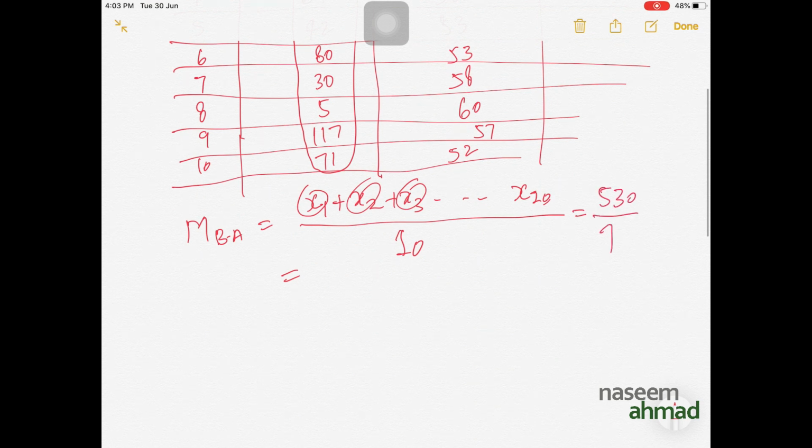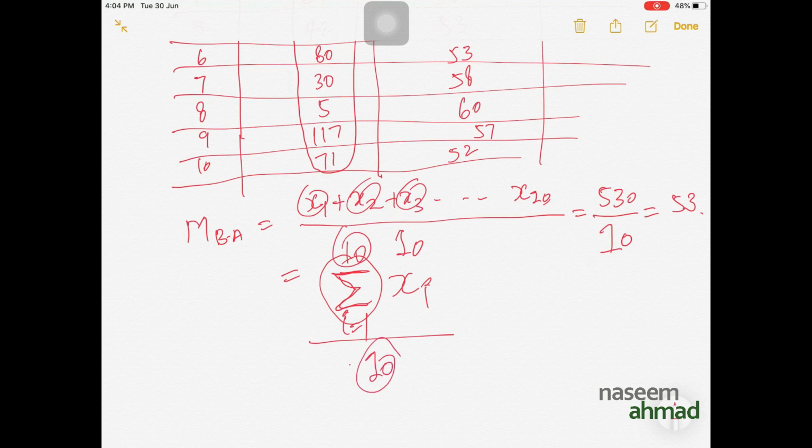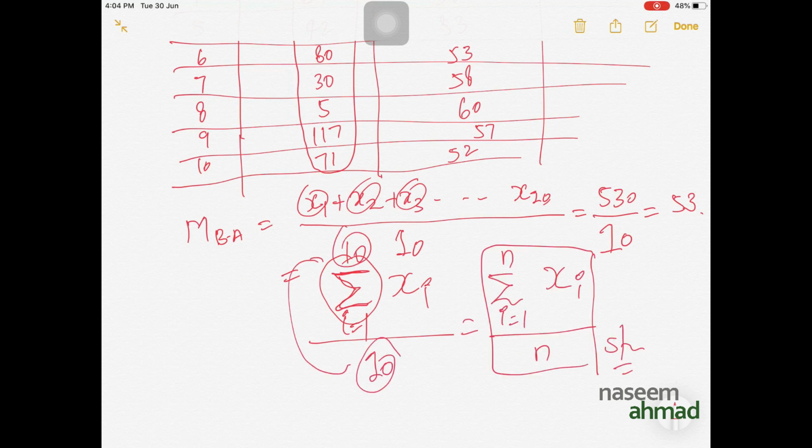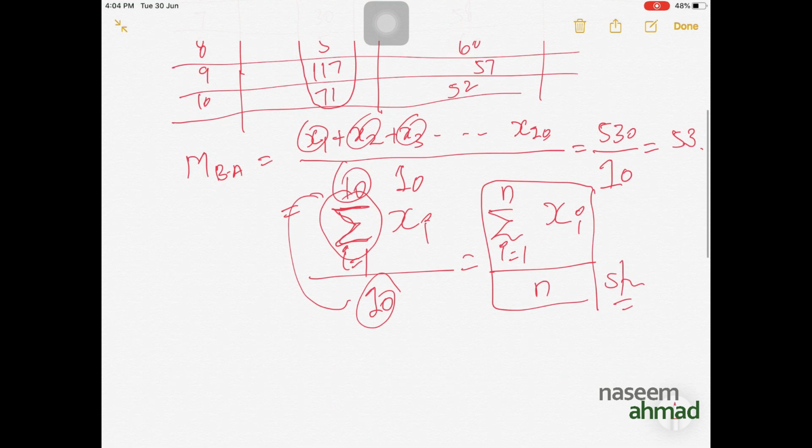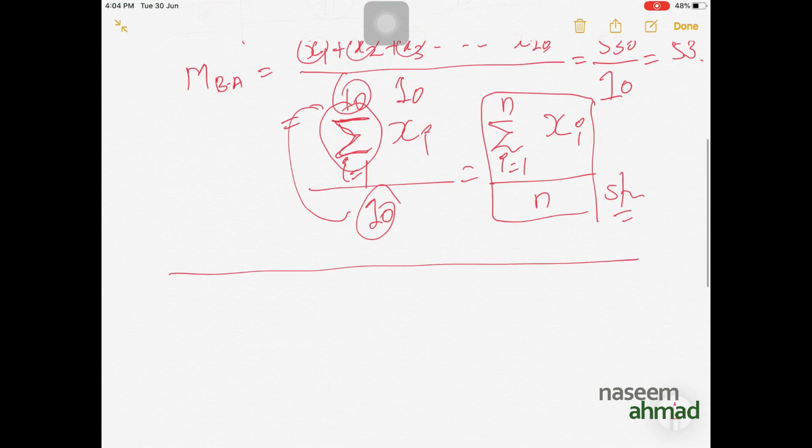And when we divide this 530 by 10, we will get 53. This is the sign of addition of all the components inside it. So the sum of xi, with i from 1 to 10, divided by 10. This is the standard formula to get the mean of a given data set.